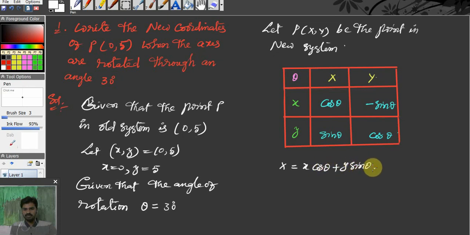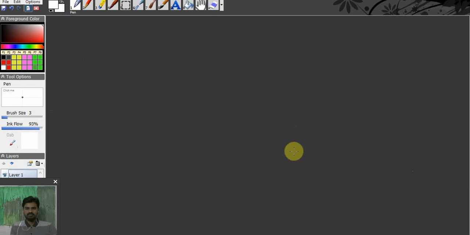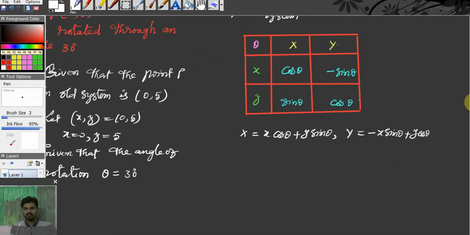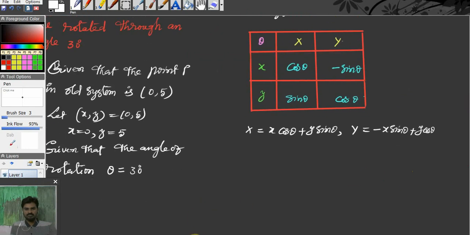This is capital X, and capital Y is equal to minus x sin theta plus y cos theta. Okay, these are the formulas.